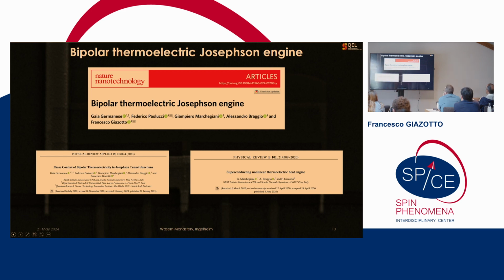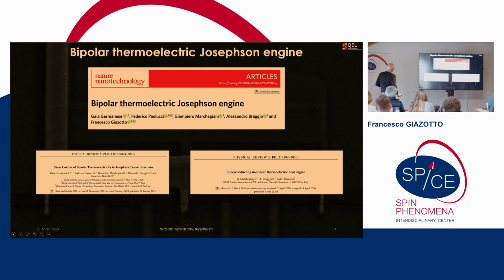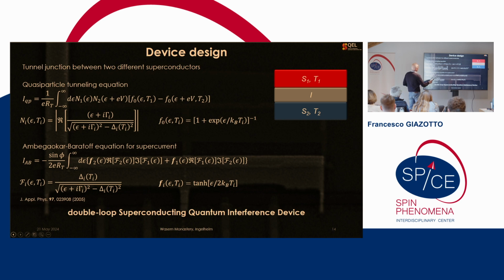The next step was to realize the engine experimentally, and we started with the design. The idea was to use a very simple, basic, old school building block. Everybody knows the quasi-particle tunneling equation, as we have said: the convolution of the density of states times the difference of the Fermi distribution functions in the system. Then, to answer Marcelo, there is the Ambegaokar-Baratoff equation for the supercurrent in the system.